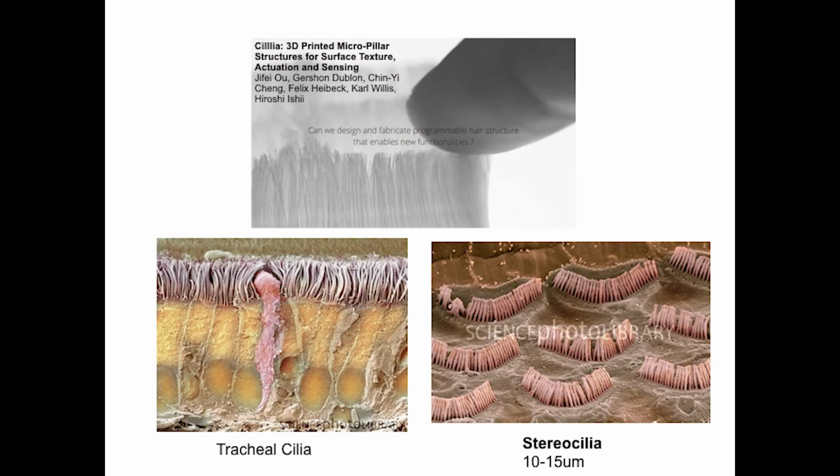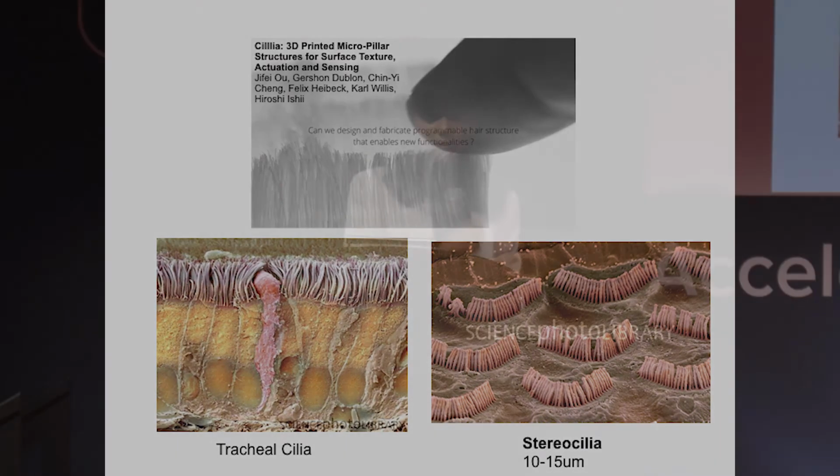At the top, you can see that 3D printing has produced these sort of ciliary structures. This is another area where 3D printing can be used to really accelerate the repair of a structure where the conventional methods might be a bit far away.